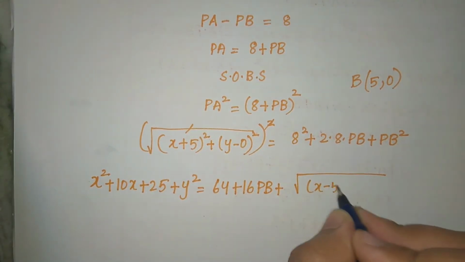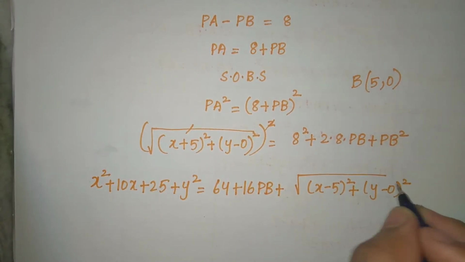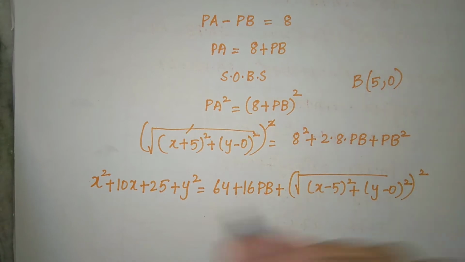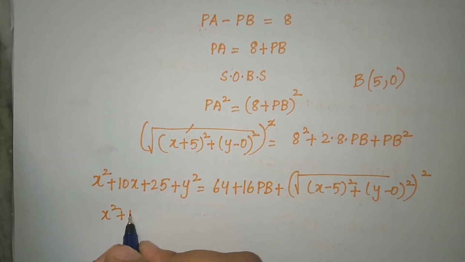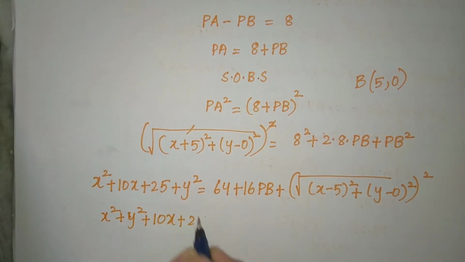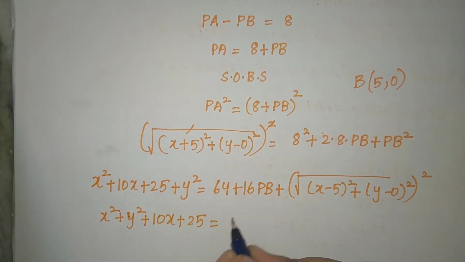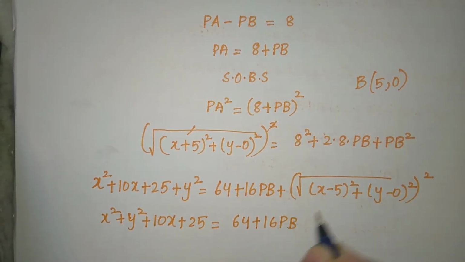So x minus 5 whole square plus y minus 0 whole square. So here we have x square plus y square plus 10x plus 25. Here we have 64 plus 16 PB.